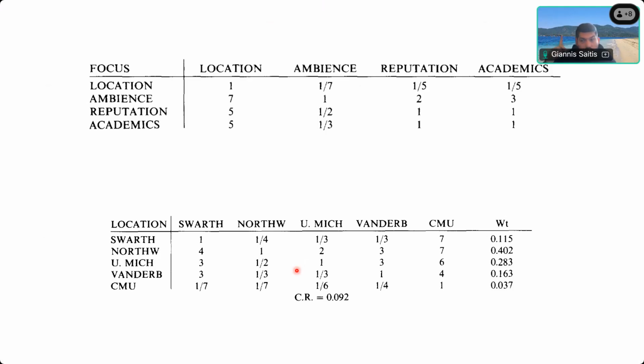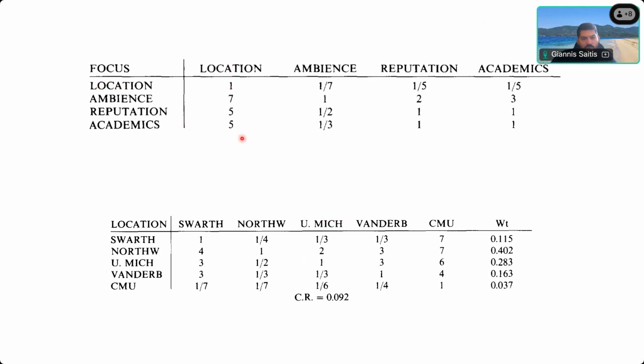I have never seen that, to be honest, because there is no point to use eigenvector if everything is equal. You are doing an equation, but let's say. It's easier, because if you correlate the same thing, it gets the number 1. Ambience to ambience 1, reputation to reputation 1.